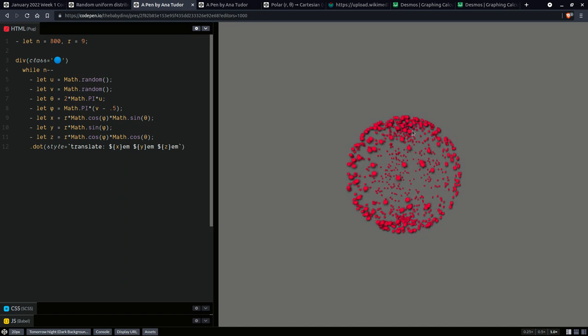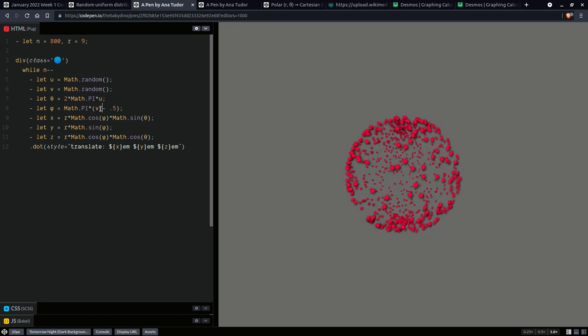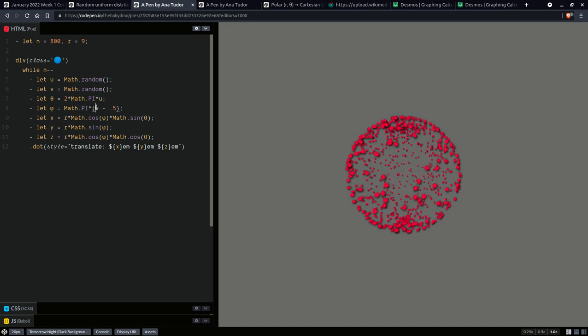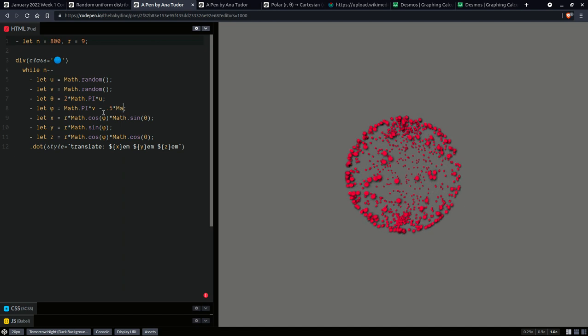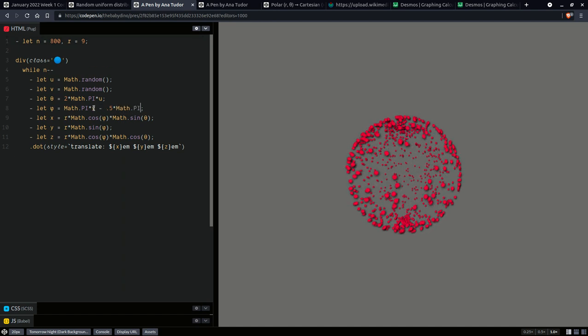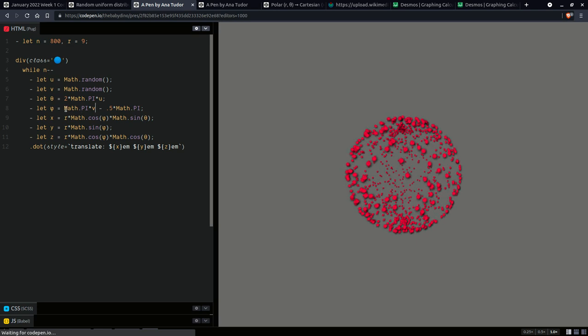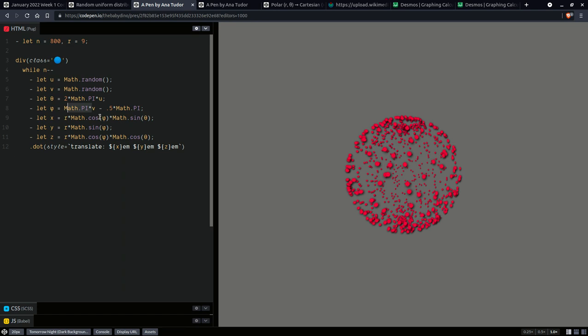We have more points clustered there, and we can fix that by using something slightly different. So let's open that parenthesis, and here we're not going to have pi times v. We are going to have something slightly different.